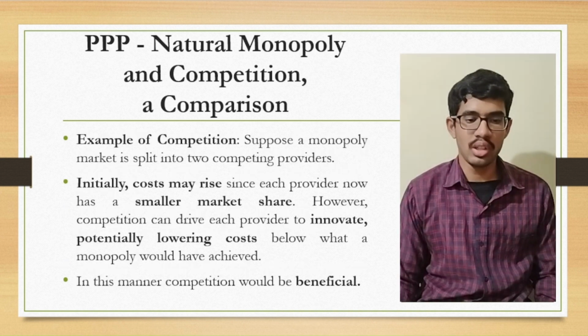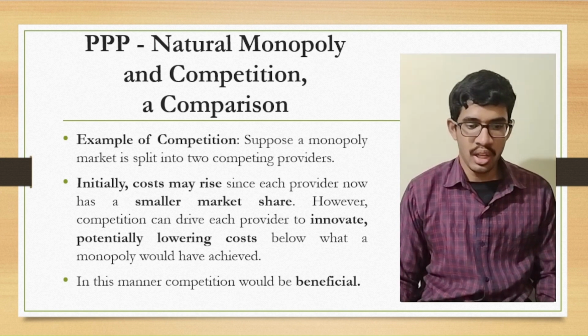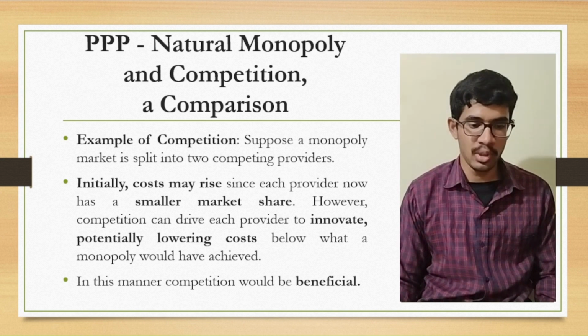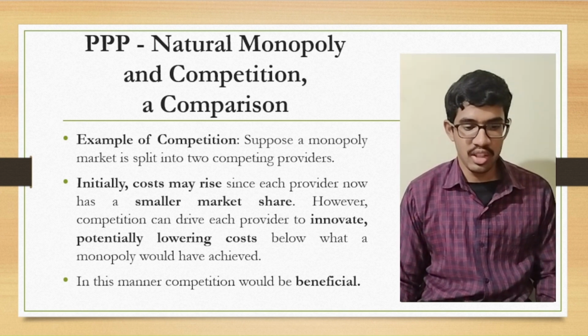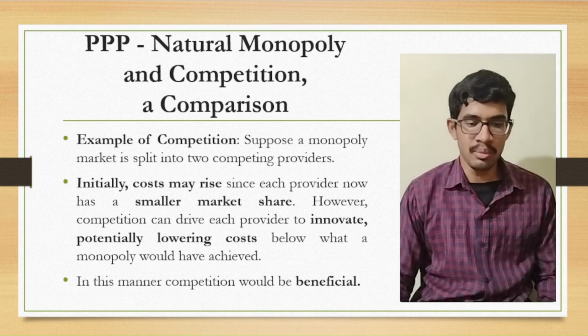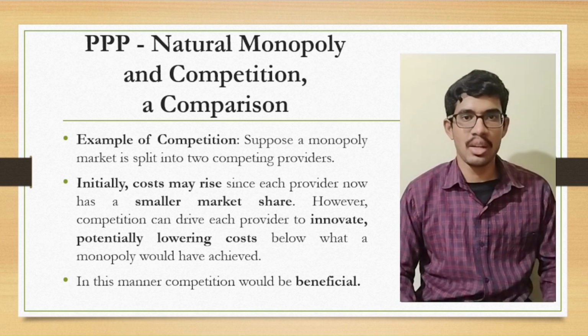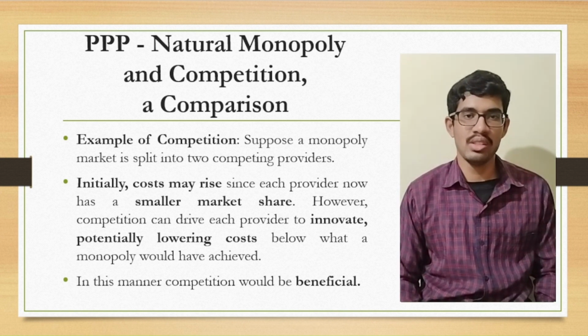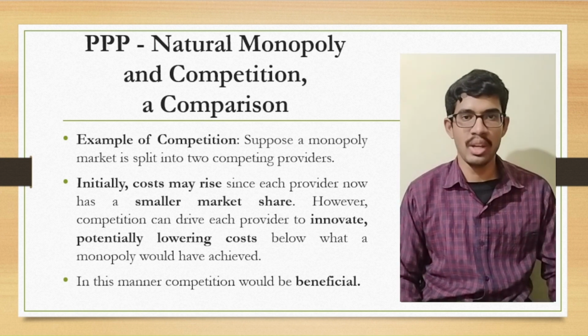Let us learn about the example of competition. In this case, let's suppose we assume that the monopoly of the market is split into two competing providers. So now when we split that monopoly and give it to a different number of providers, what happens is that initially the price will be high.